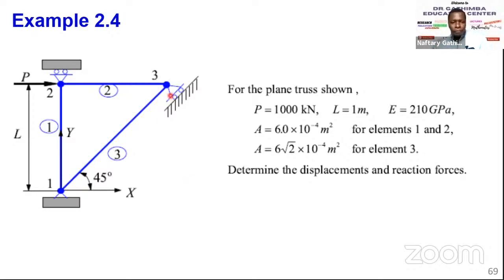So now here we have an inclined boundary, which you can say is slightly complicated, not very complicated, but slightly complicated, because you see this roller is going this direction. This roller is going this direction. So you can now imagine, and this node here is hinged.